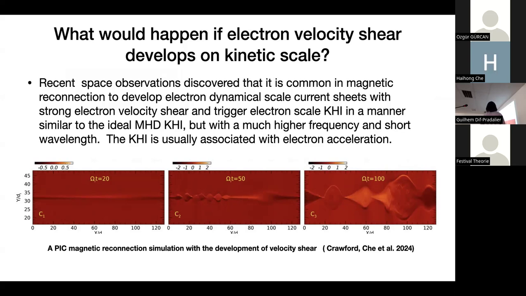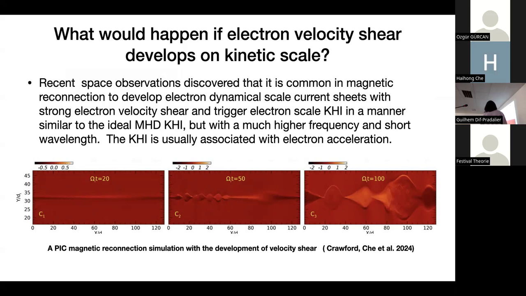Recently, a lot of space observations discovered it's very common in magnetic reconnection to develop electron dynamic scale current sheets with strong electron velocity shear and trigger electron scale Kelvin-Helmholtz instability in a manner similar to the ideal MHD one, but with a much higher frequency and short wavelength. The instability is usually associated with electron acceleration.